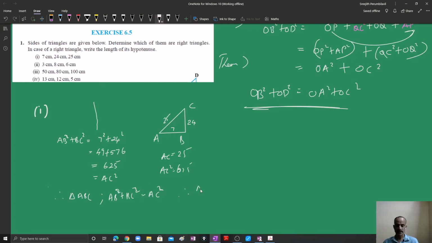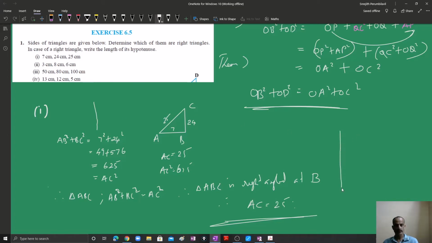Therefore triangle ABC is right angled. At which point? Right angled at B. Therefore AC is equal to 25. AC is the hypotenuse. Similarly, you can check one by one whether each of them satisfies.